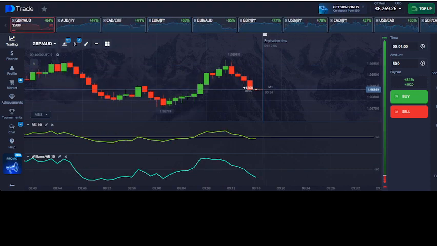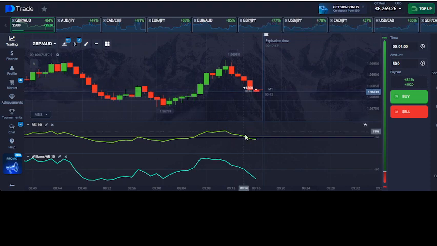Okay, so I'm on the Great British Pound Australian Dollar currency pair, and I just took a sell trade here. And the reason why I took the sell trade is, first of all, the RSI line crosses below the white 50 line here in a downward direction.